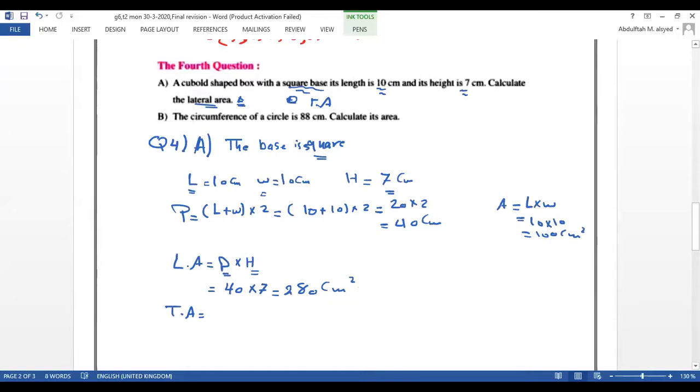Total area equals the lateral area plus 2 times the area of one face, so 280 plus 2 times 100 equals 280 plus 200 equals 480 square centimeters. Okay, hope you get it.